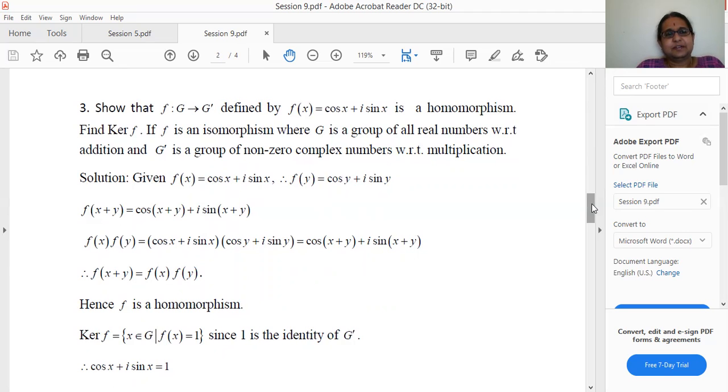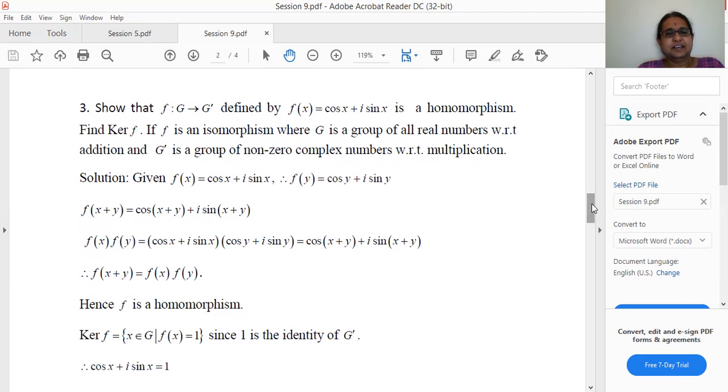So in this problem, the mapping is f from g to g dash, where g is the group of all real numbers and the binary operation is addition, whereas the codomain g dash consists of non-zero complex numbers with respect to multiplication as binary operation. And the mapping is f of x is equal to cos x plus I sin x. We have to show that this mapping f of x is a homomorphism and then find what is kernel f.